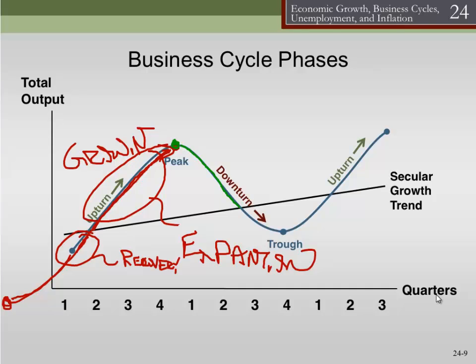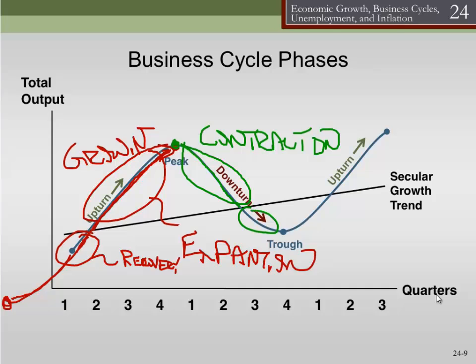The economy is not growing as fast. In this phase right here, we can call this the downturn or the contraction. Didn't spell that right, but you get the idea. Economic contraction. And then we can come right here and talk about that as recession.